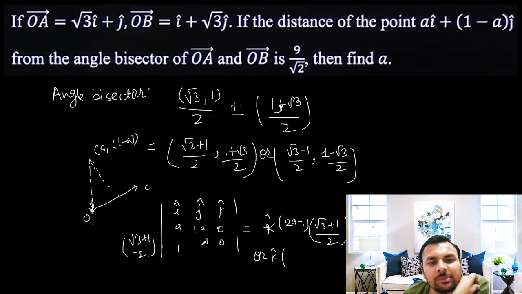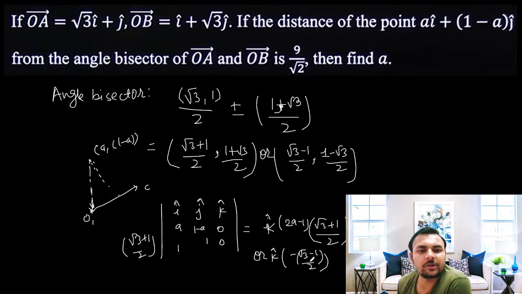In case this would have been minus, it will become minus a minus 1 plus a. So it would have been minus of root 3 minus 1 by 2. A cross B is this, and the mod of this is this. So we'll have to divide by the mod of this thing, root 3 by 2, root 3 by 1. So the mod of this would have been 1 by root 2.